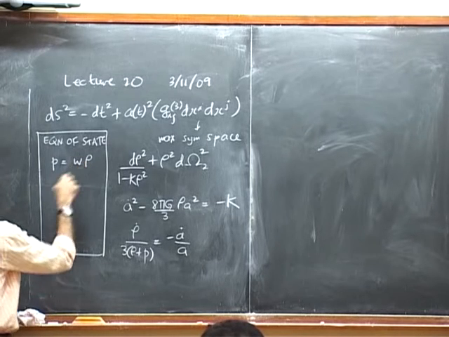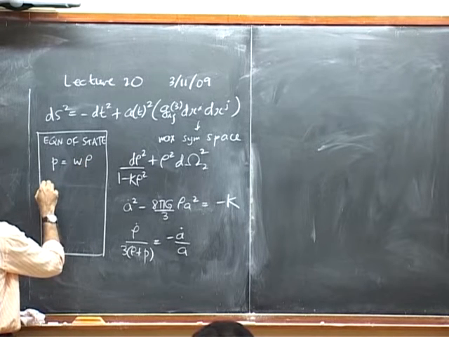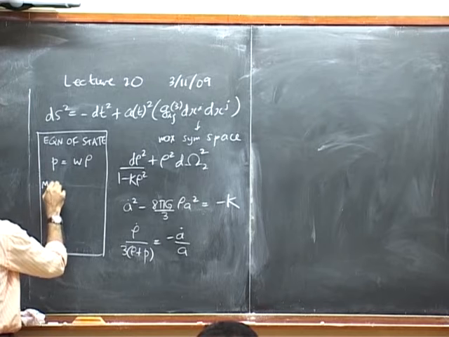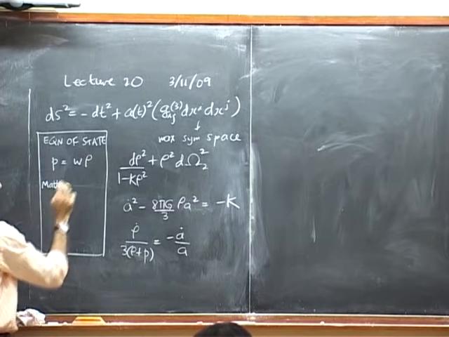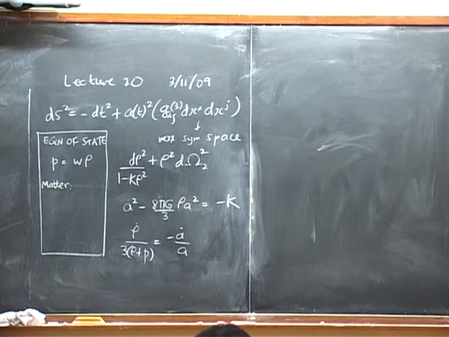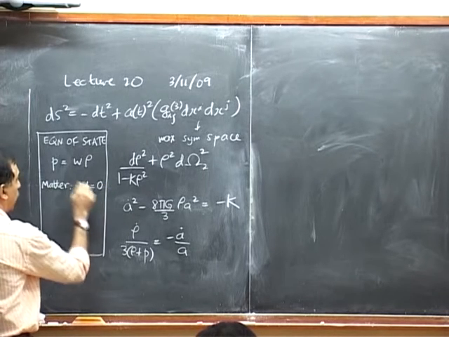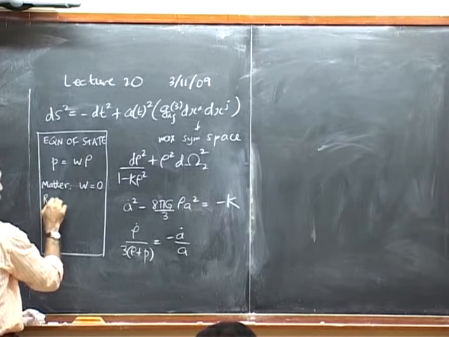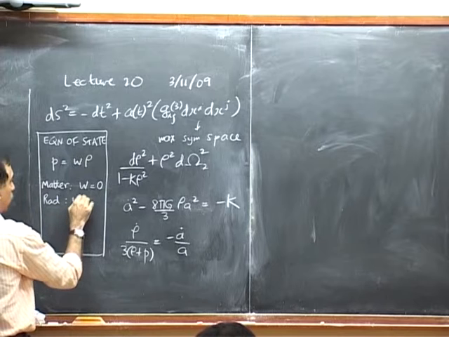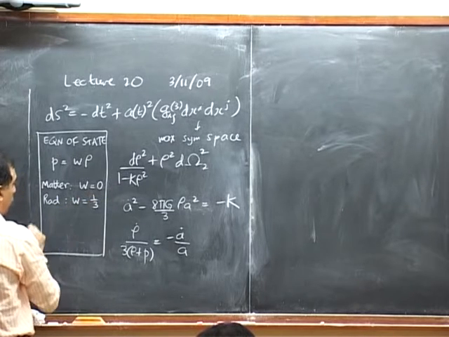But if you take this simple linear assumption, then matter and pressureless dust are the same for the purpose of this course. So this has W equals 0, being pressureless. Radiation has W equals 1 by 3.